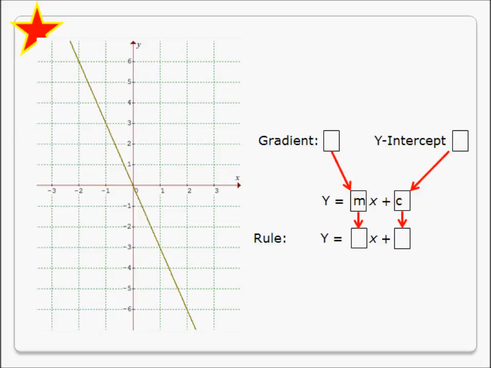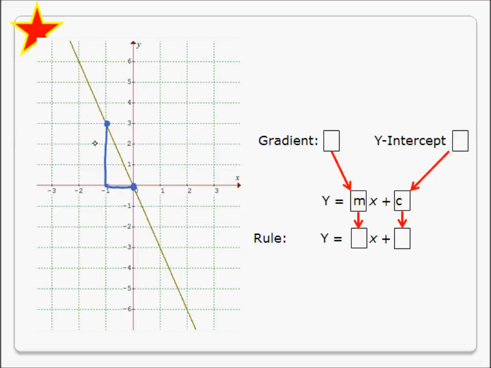We'll try one more example. This time it's sloping in another direction. So what I need to be a little bit more careful here is whether it's a positive or negative gradient. So once again, I'm going to identify 2 positions on the line. I might take those 2 there. I'm going to have to draw my triangle.